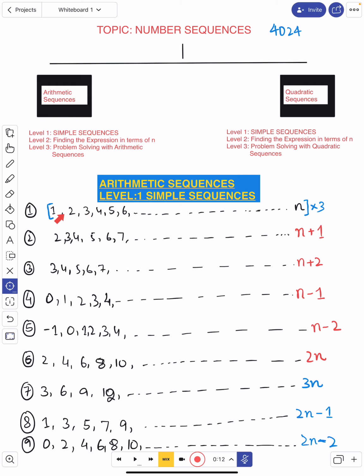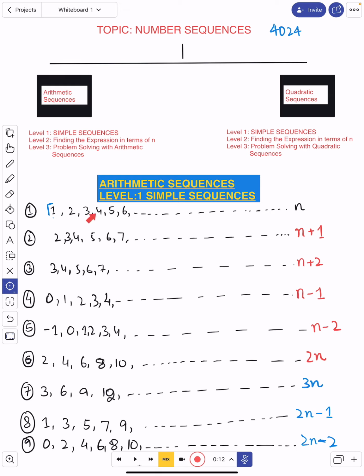1 2 3 4 5 6, and it is a never ending sequence. It is a sequence of natural numbers. We are going to express this with the help of algebra, with a letter n. In algebra we mostly use x or y, but here this sequence can be expressed with n.